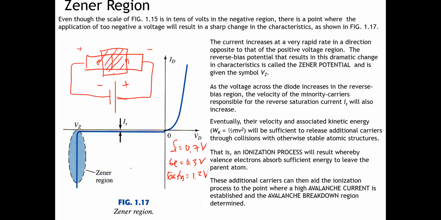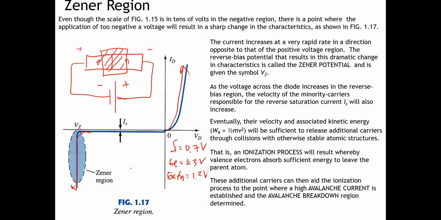But there is a characteristic that we can call the Zener region. What is the Zener region? If we apply more negative voltage, the current will flow, but in the opposite direction to the ideal positive current. Here this is the positive, and here the negative. Why is there a Zener phenomenon? Because the electron can tunnel.